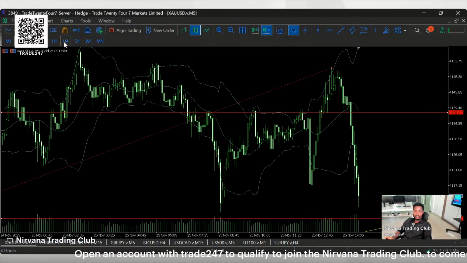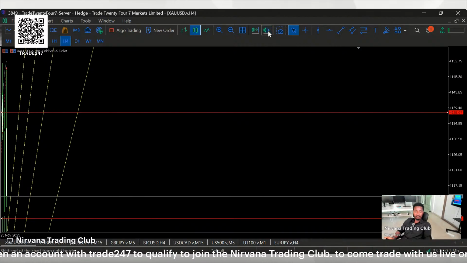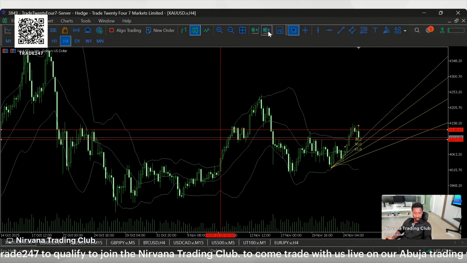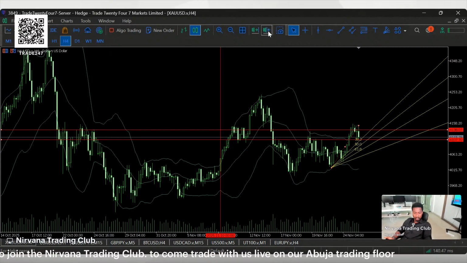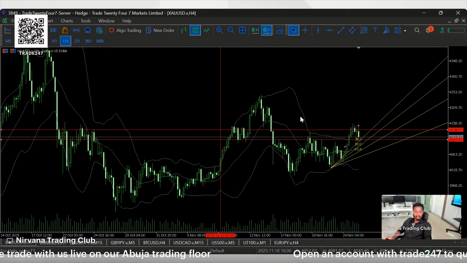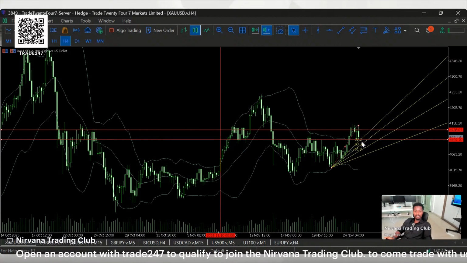So looking at the charts, definitely have the breakouts somewhere here, and we have new retracements into the Fibonacci levels.